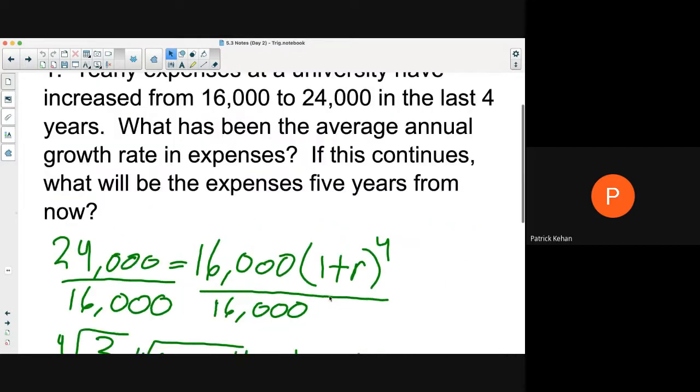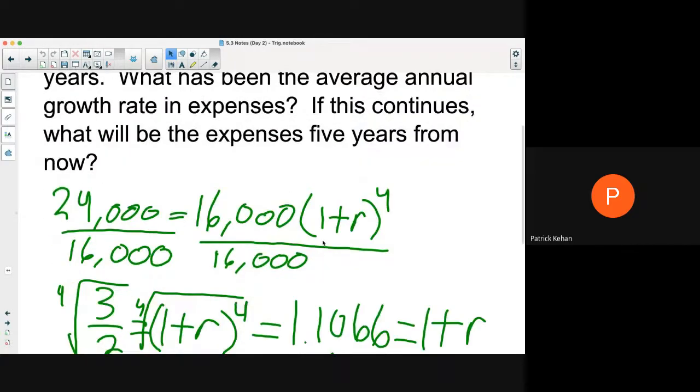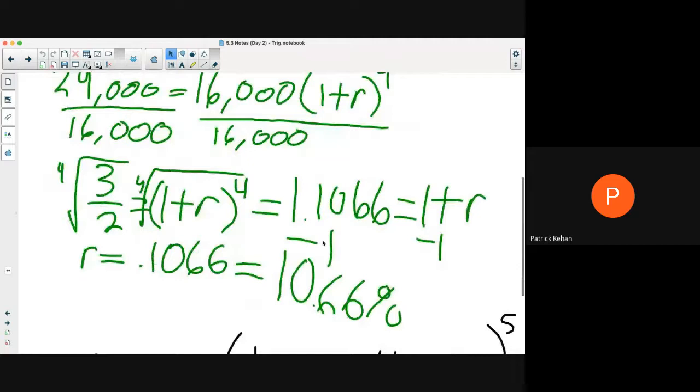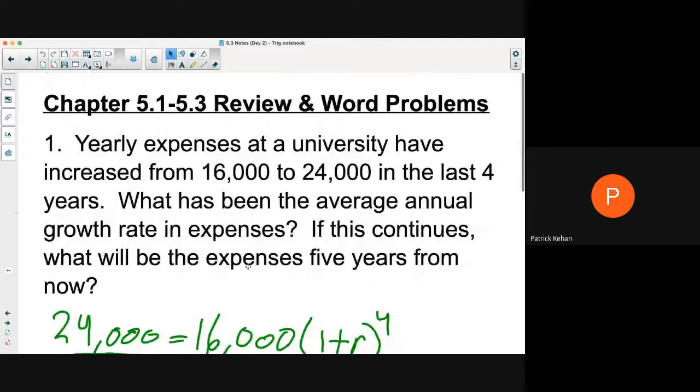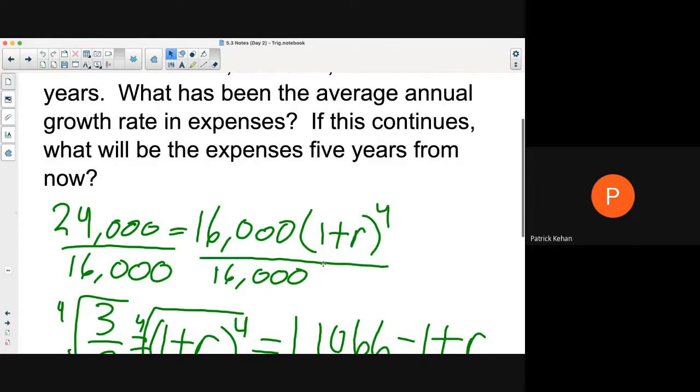Now, second part of the question says, if this continues, what will be the expenses 5 years from now? So what we want to do is calculate 5 years from this point forward. Now, if you read the question correctly, yearly expenses have increased from 16,000 to 24,000 in the last 4 years. It's not clear when time 0 is. In this case, t equals 0 is your initial value, 16,000.